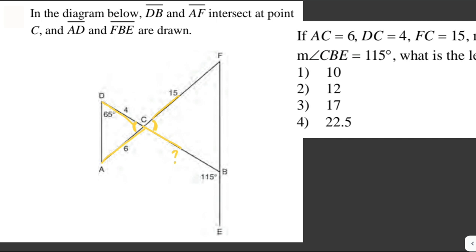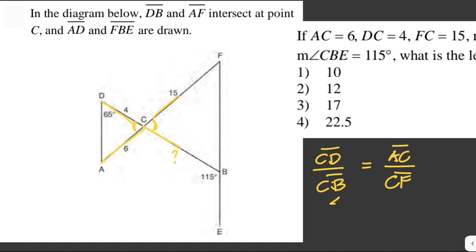So that would be segment CD is to segment CB, equal to segment AC is to segment CF. We're given the values of CD, AC, and CF. We just have to plug them in to solve for CB.